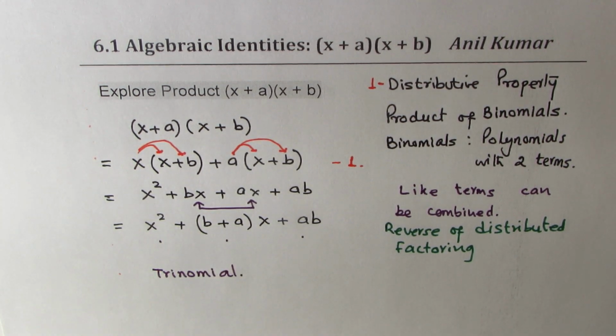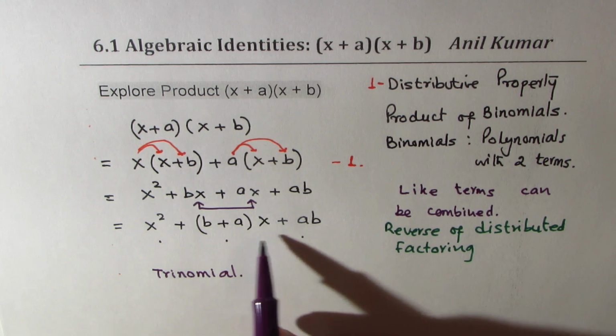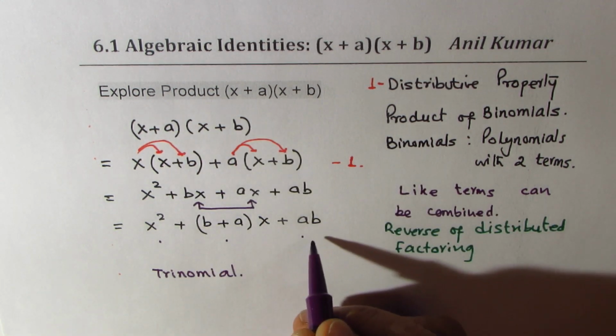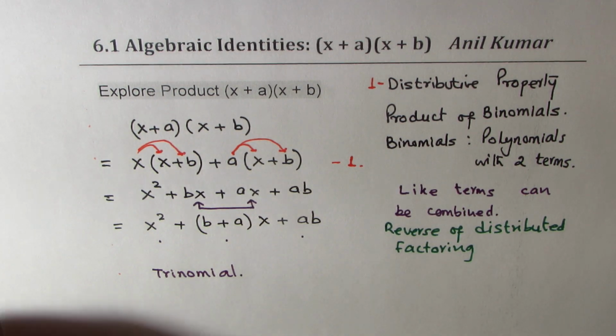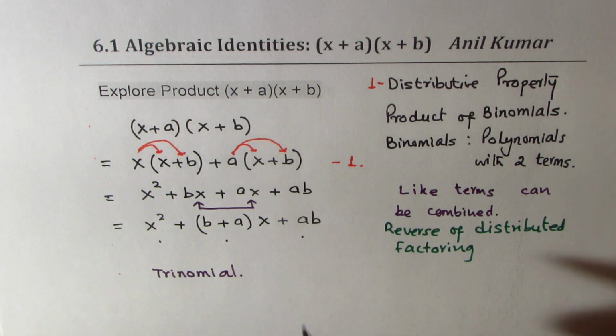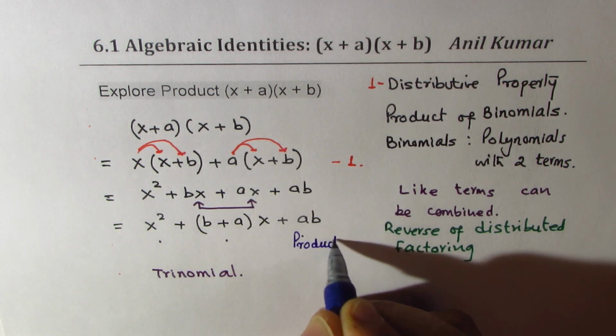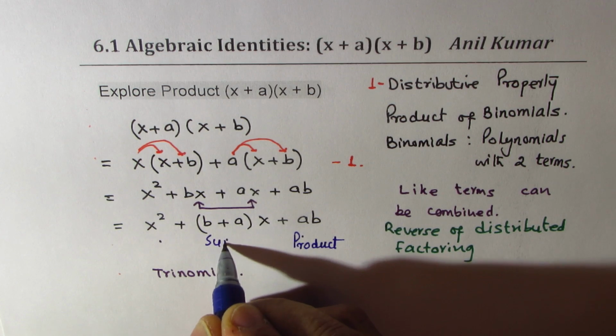Now in this trinomial, you get three different parts where these constants a and b are written as product and as sum. Do you see that? So this part here is the product and this part here is the sum.